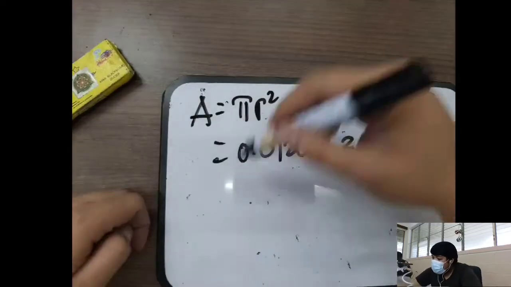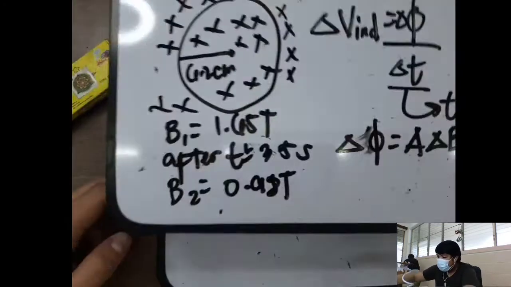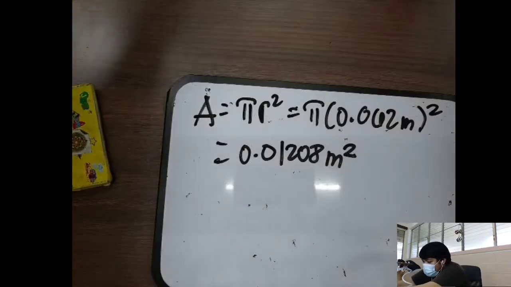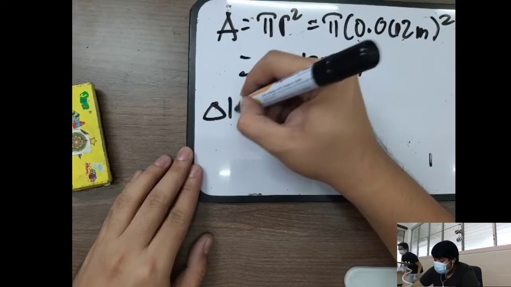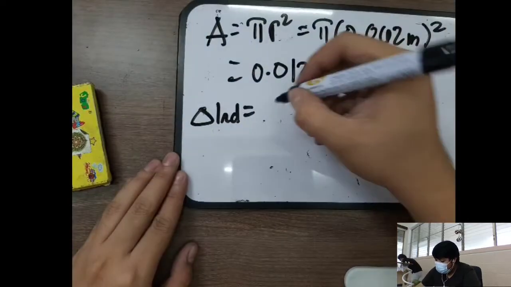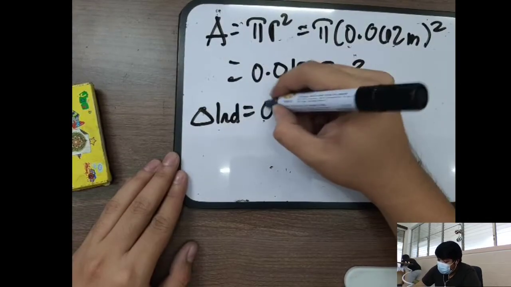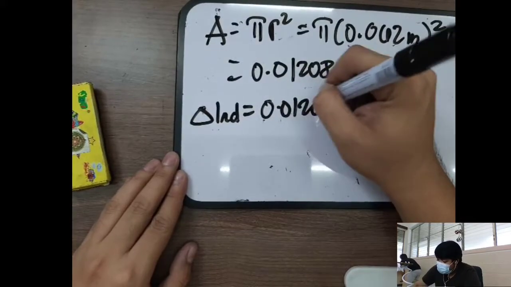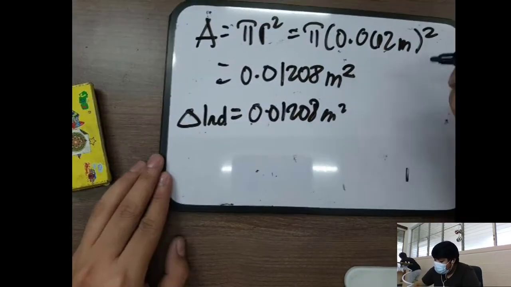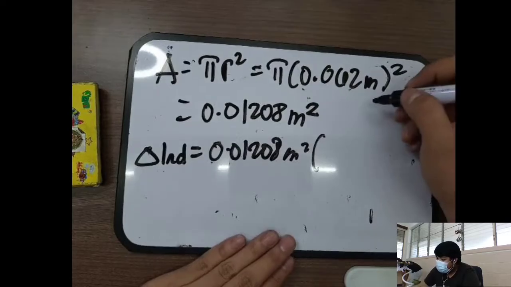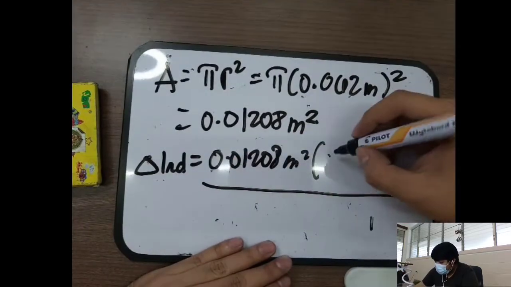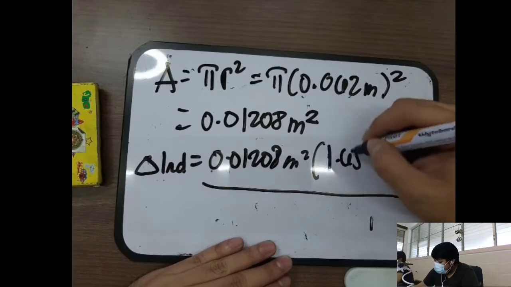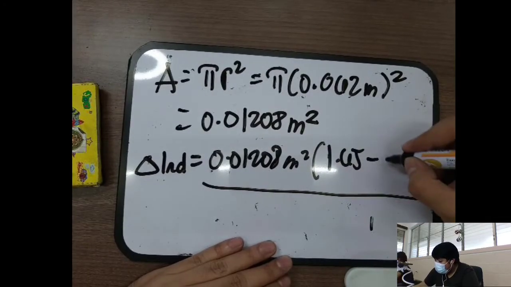Now we have the area, we just plug in our values. So our induced voltage is now equal to 0.01208 square meters multiplied by the change in magnetic field strength, which is from 1.65 Tesla, it decreased to 0.98 Tesla.